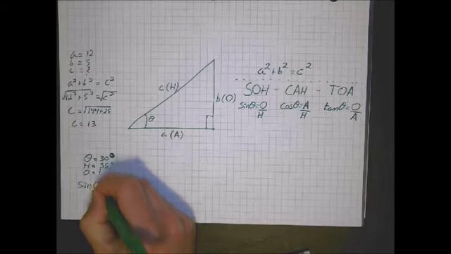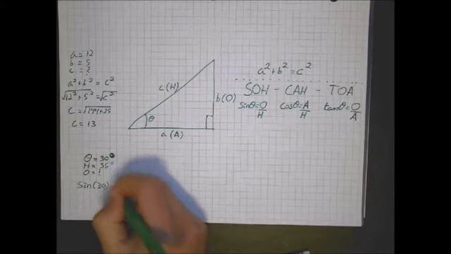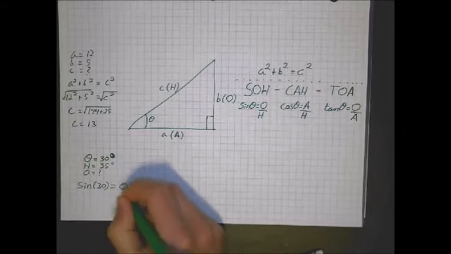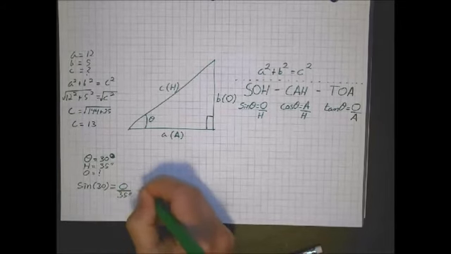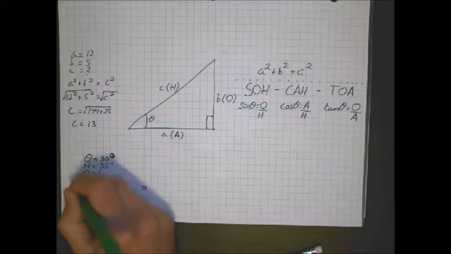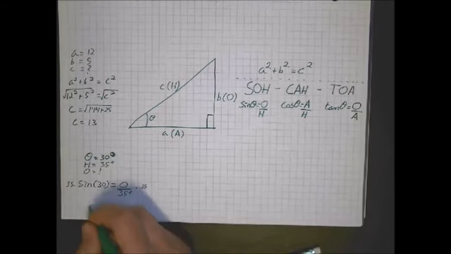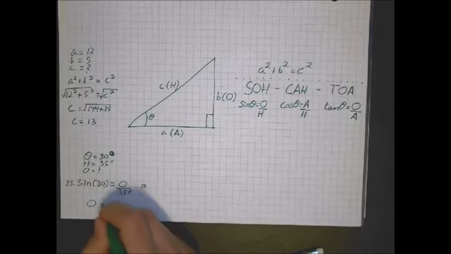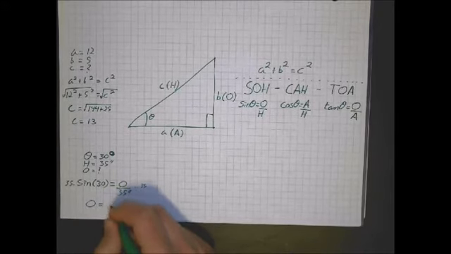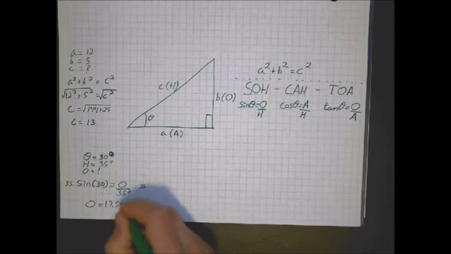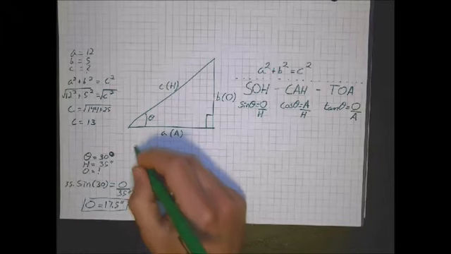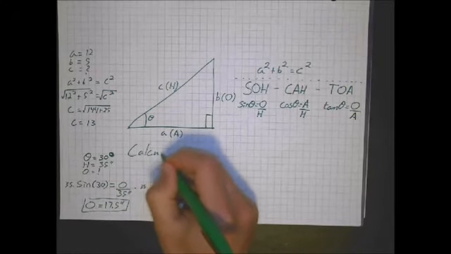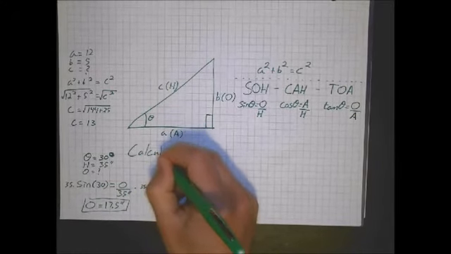I would say sine of 30 is equal to the opposite side over 35 inches. And so if I multiply both sides by 35, then I would get my opposite side is equal to 17.5 inches.